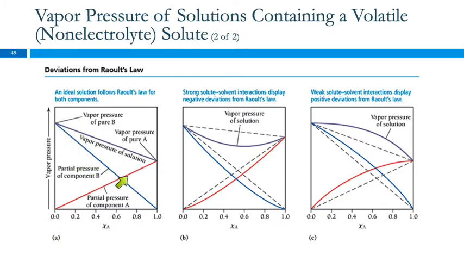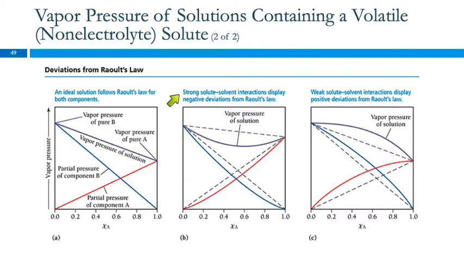The vapor pressure of B goes down, the vapor pressure of A goes up. Over here, the vapor pressure of B is 0 because there isn't any B. It's all A, and all we have here is A. The combined vapor pressure of the solution is the sum of those two at all places.